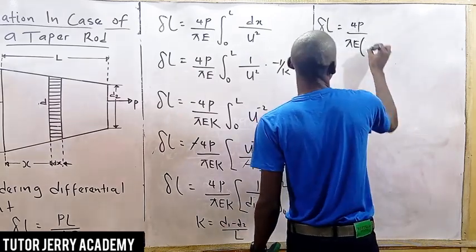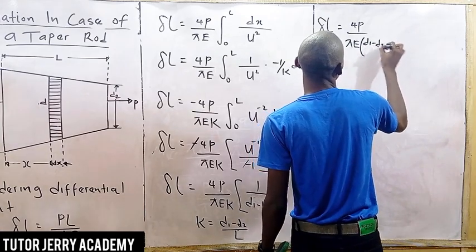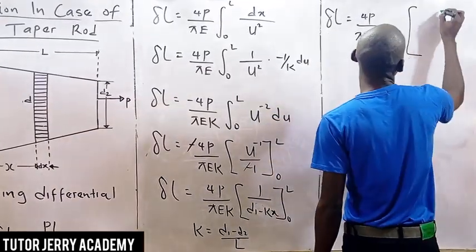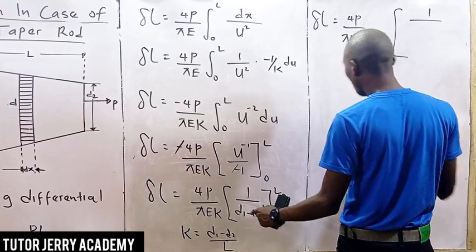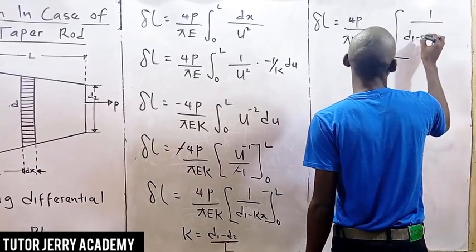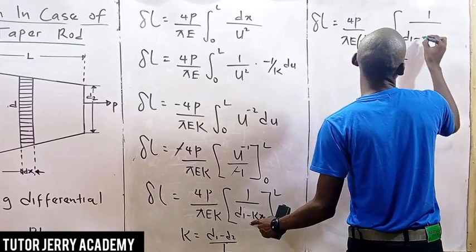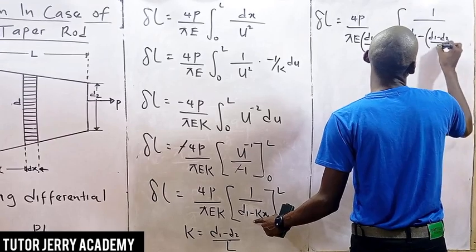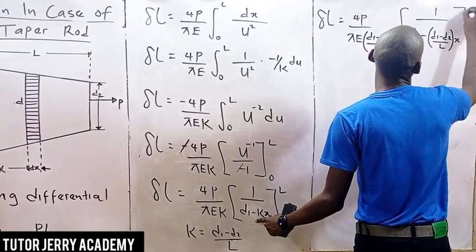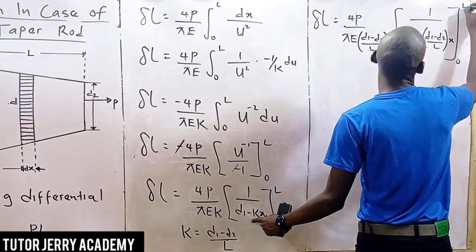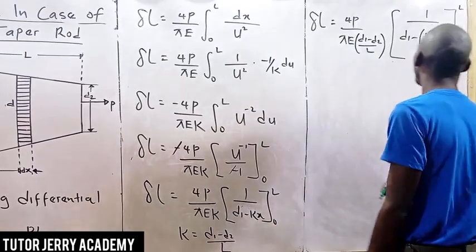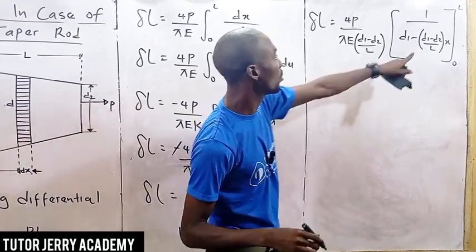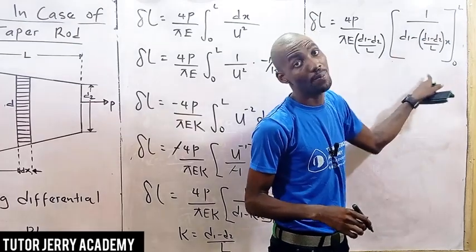Our k is D1 minus D2 all over L into 1 all over D1 minus k into k is D1 minus D2 all over L and s. So we are moving from 0 to L. All right. So the next thing we are going to do is substitute for our lower and upper limits.